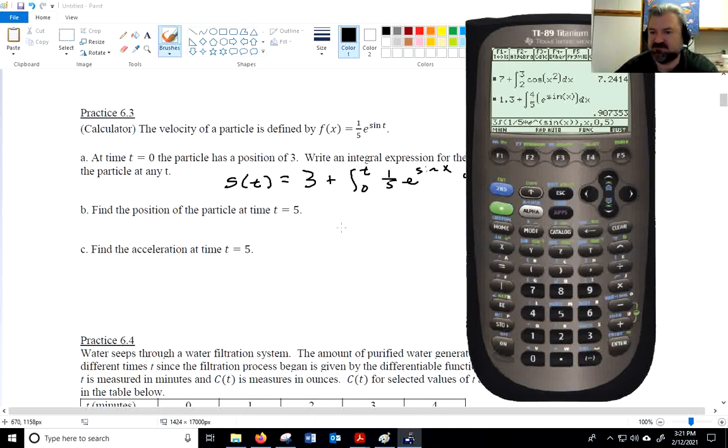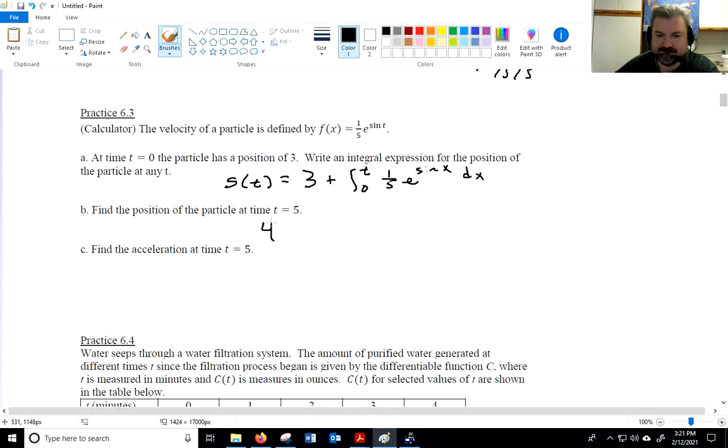And that is, looks like it's going to be a little while, 4.313. All right. Very good. Find the acceleration at time t equals 5.